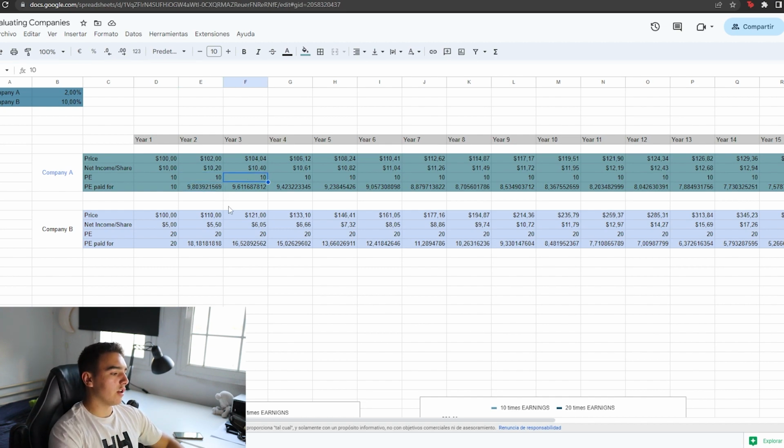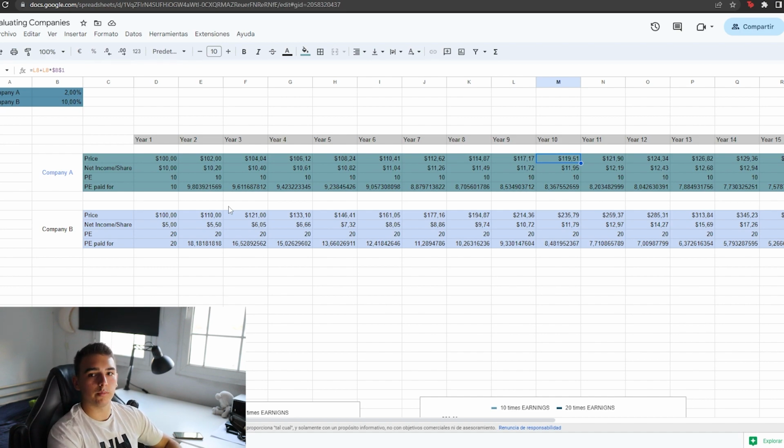If we go to, let's say, year 10, we would be making on company A around $12, more or less, and in company B also more or less $12. So as we can see, if the price to earnings stays how it is, company B would now be worth around $235, and company A would be worth $120 if it stays at the 10 times price to earnings multiple.